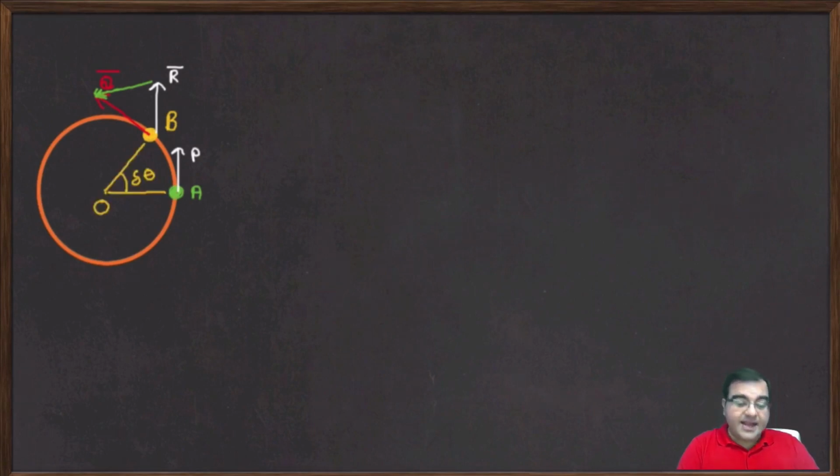Now understand this, this A and this B, I'm joining to the center. When I join A to the center and B to the center, I get two radii. OA is the first radius, OB is the second radius, and the angle at the center is called delta theta.